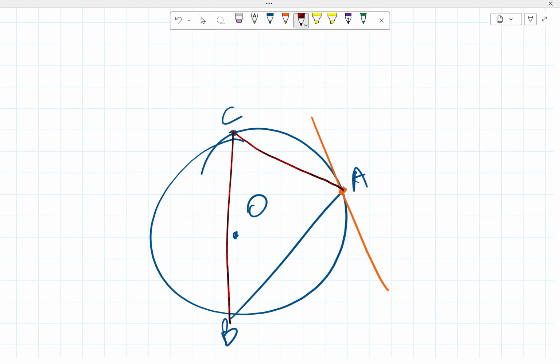This is the tangent and this is AB. So this angle is the same thing as this other angle. That's the alternate segment theorem: the angle between the tangent and the chord is equal to this other angle right here.